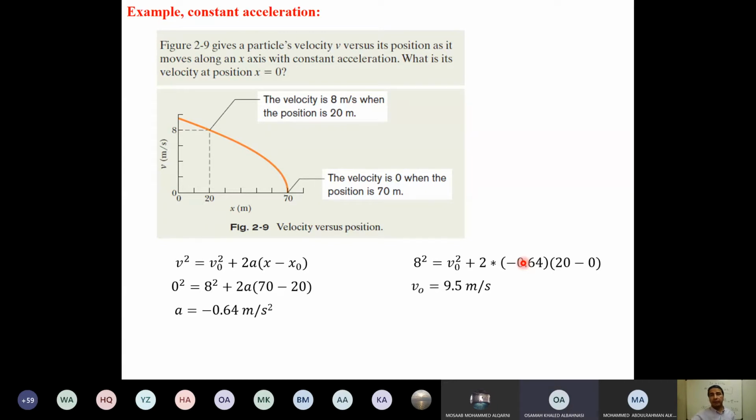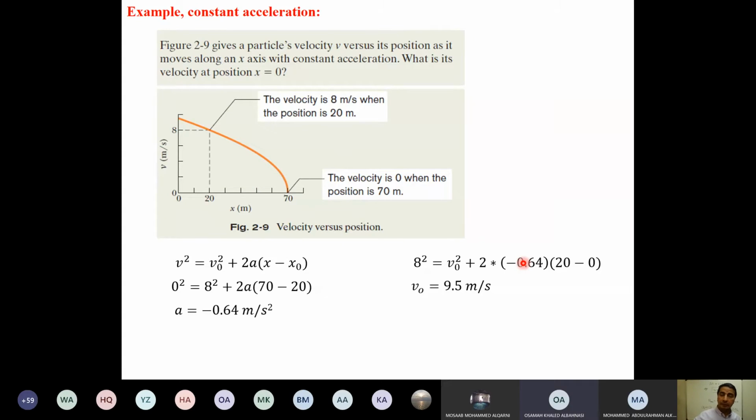If it was a velocity versus time graph, then yes, it would appear as a straight line. But here, since it's velocity versus position, which is a little bit unusual, yes, it is constant, but the graph appears a little bit weird because the quantities are different.